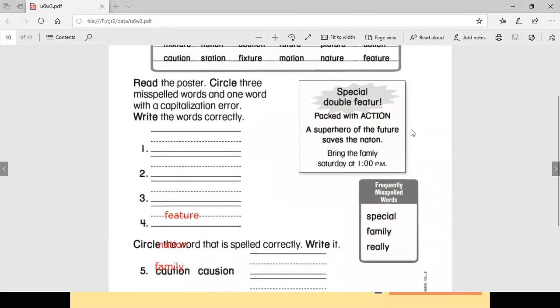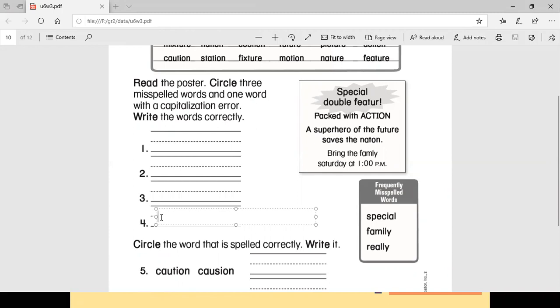Now, number 4. We have a capitalization word, Saturday at 1 p.m. Saturday is a proper noun. Saturday is a day of the week.